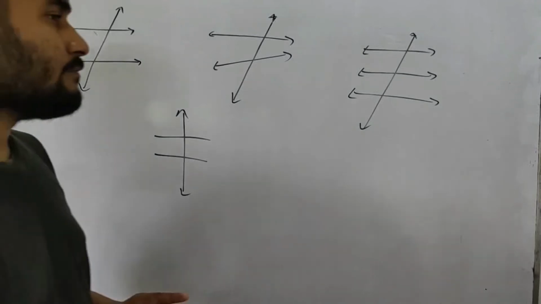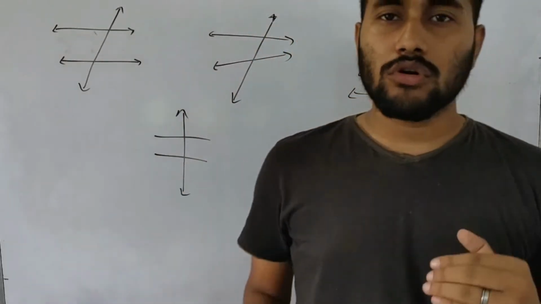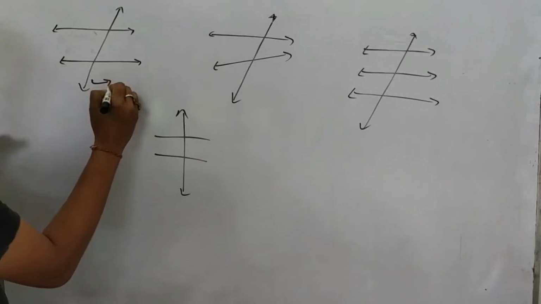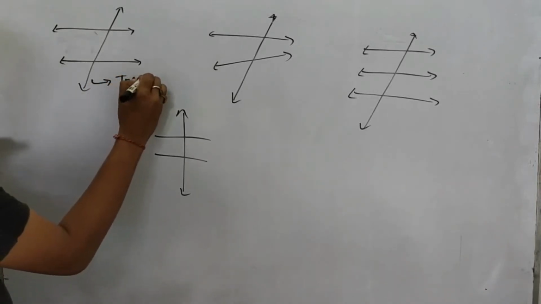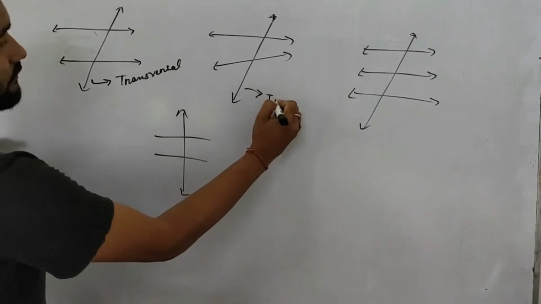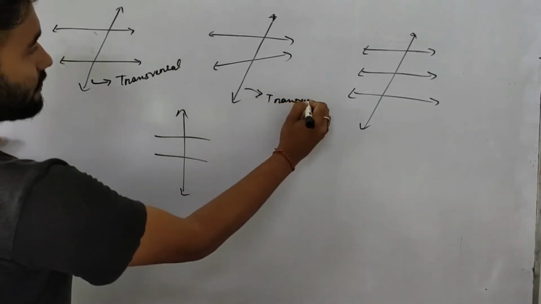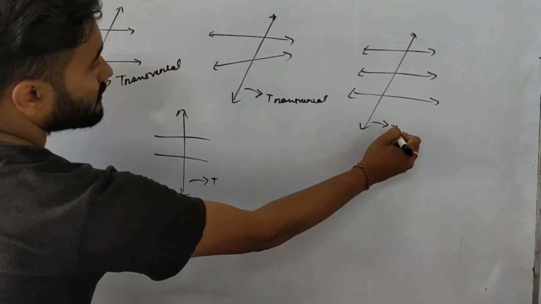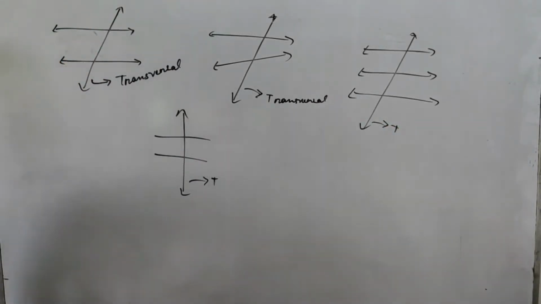So if a straight line intersects two or more straight lines, then this line is known as a transversal. Clear? These are all transversals. So what is a transversal?